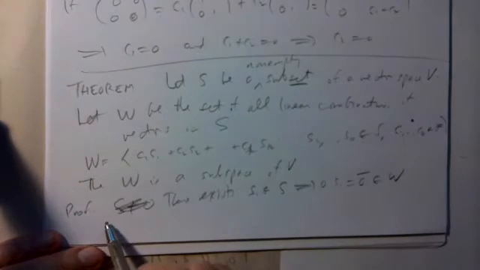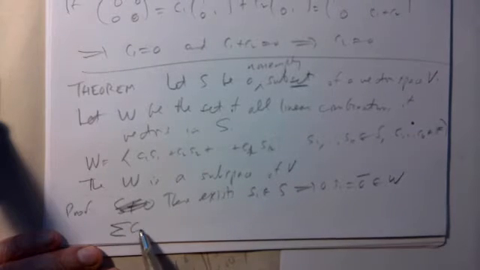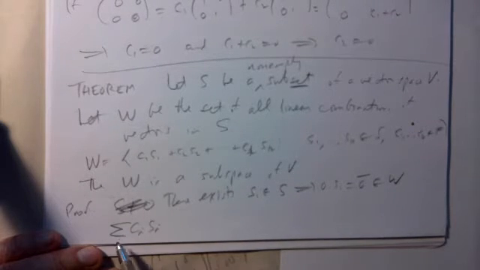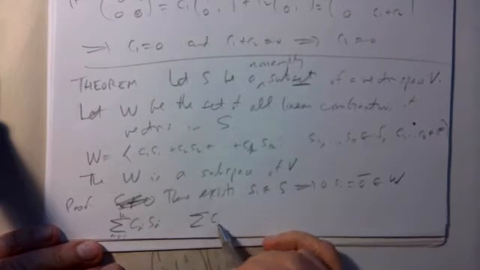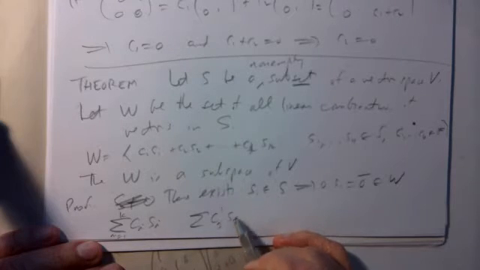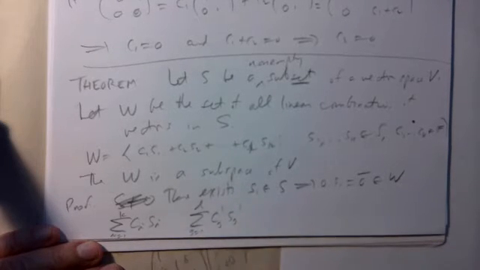And if you have some linear combination, I can write it as the summation of c_i s_i, i from 1 to K. That's just a linear combination of vectors in S. And another linear combination, say c_j' s_j', j from 1 to L.